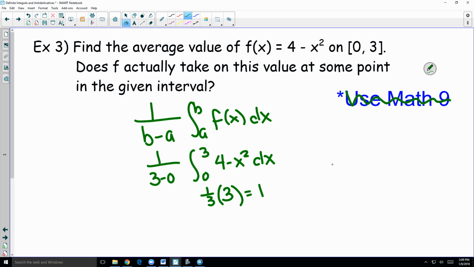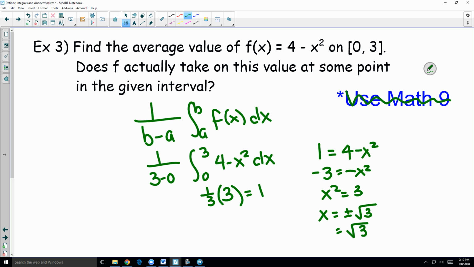The function does have to take on that value at some point, so if I set this equal, again, a value means a y value, 1 equals 4 minus x squared. Subtract 4, you get negative 3 equals negative x squared, or x squared equals 3, so x will equal plus or minus the square root of 3. Because we're in the interval from 0 to 3, I only want to consider the positive one.